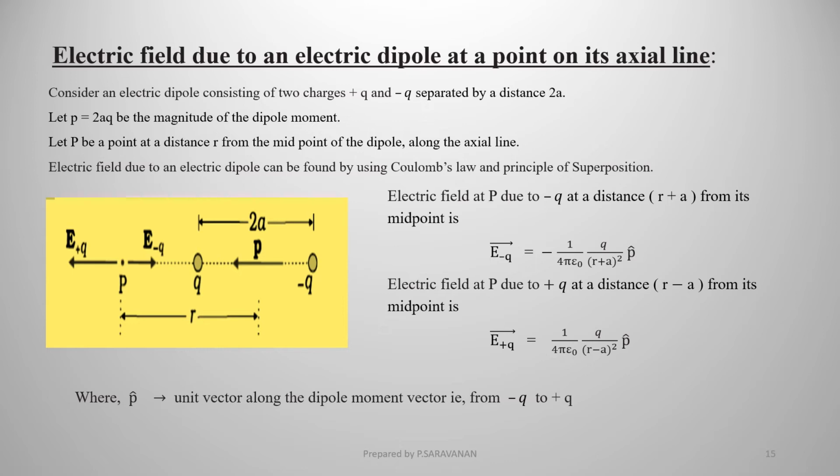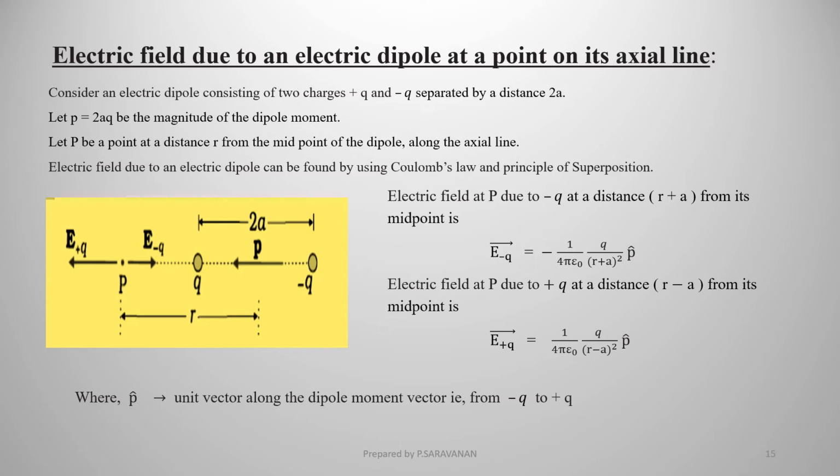Let p equal to 2aq be the magnitude of the dipole moment. Let P be a point at a distance r from the midpoint of the dipole along the axial line. The electric field due to an electric dipole can be found by using Coulomb's law and the principle of superposition.